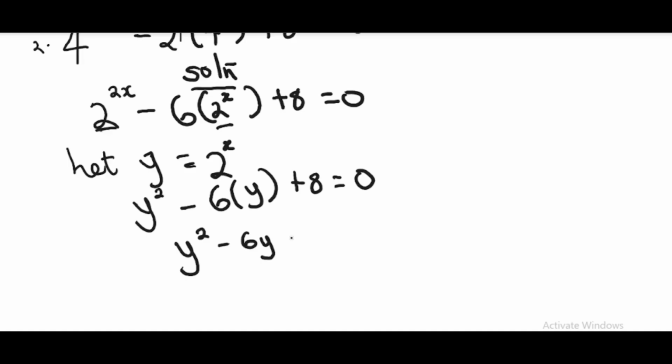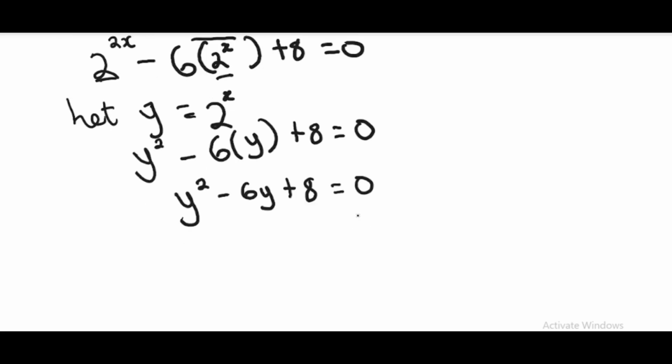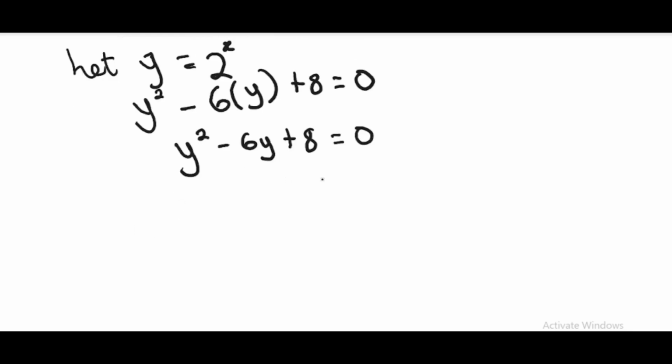So the first thing that comes to mind is, can this equation be factorized? Yes. There are two things that when you multiply, give you 8, and when you add, give you minus 6. And they are minus 4y times minus 2y.